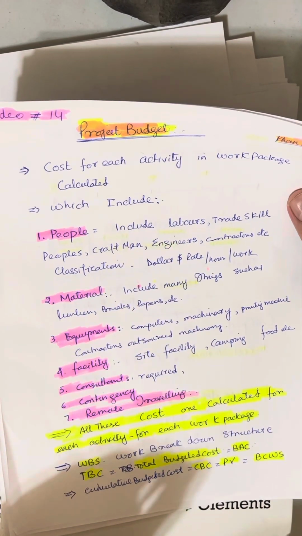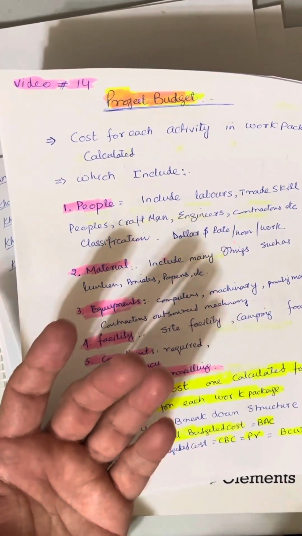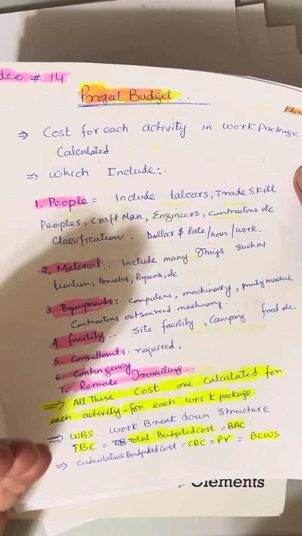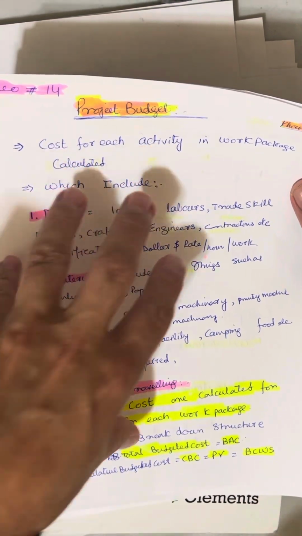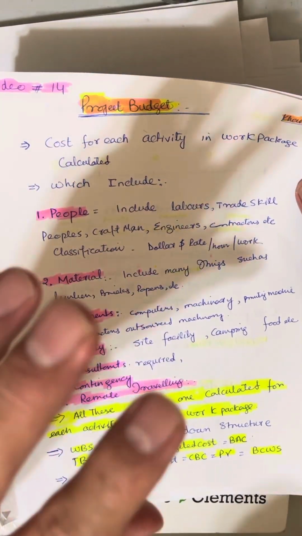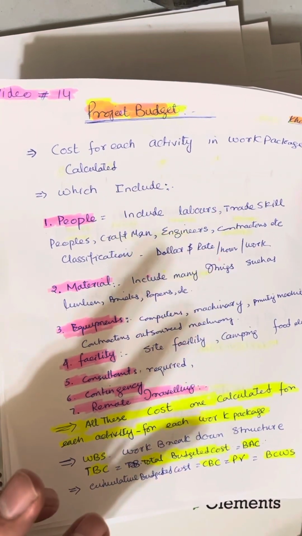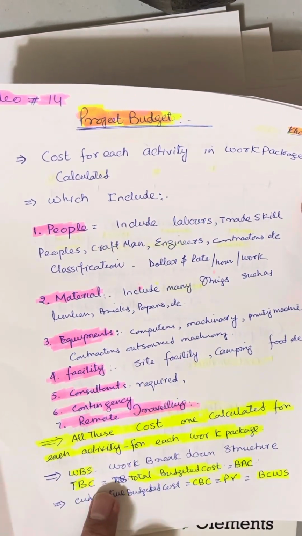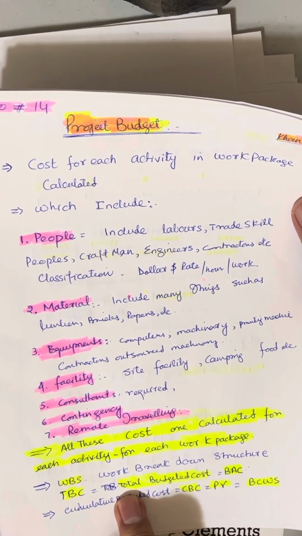It's in the hands of the project manager. And sometimes we need people to travel to a remote site, so there is the cost of traveling. All these things are calculated for the budget of each work package in the project, and the name they give it is the total budgeted cost.